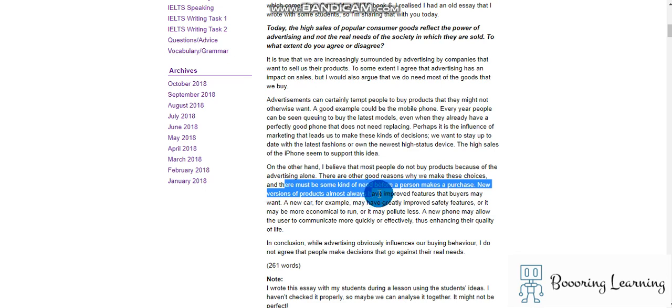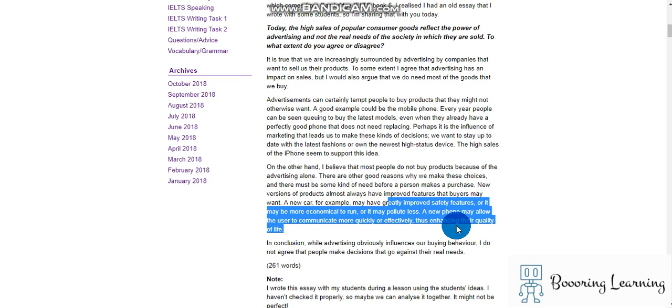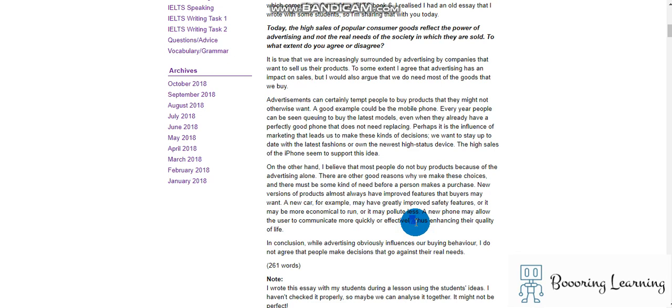New versions of products almost always have improved features that buyers may want. A new car, for example, may have greatly improved safety features, or it may be more economical to run, or it may pollute less. A new phone may allow the user to communicate more quickly or effectively, thus enhancing, so be careful with the comma, enhancing their quality of life.